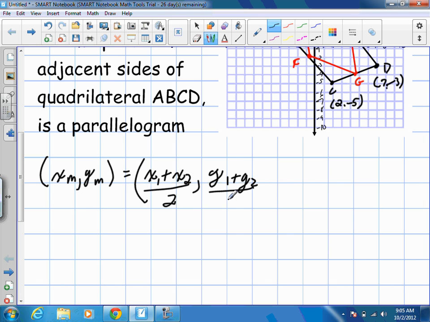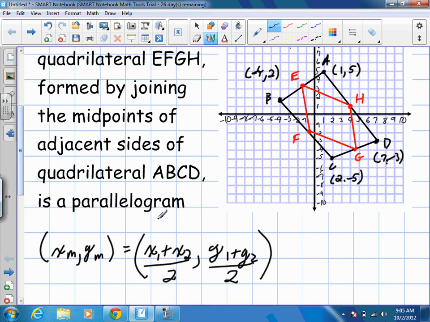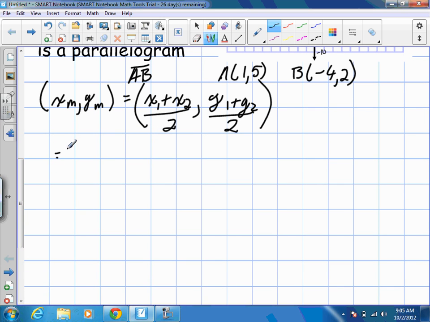Whether it's y2 first or y1 first doesn't make a large difference. We'll take the very first coordinate, AB. Coordinate A was at 1 and 5, and coordinate B was at negative 4 and 2. We're going to have to do this 4 times to find the midpoints.